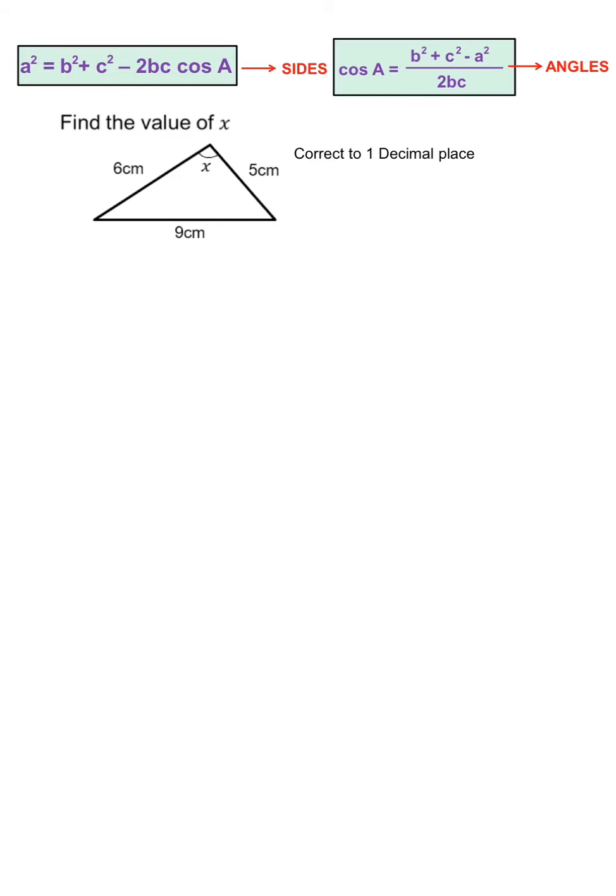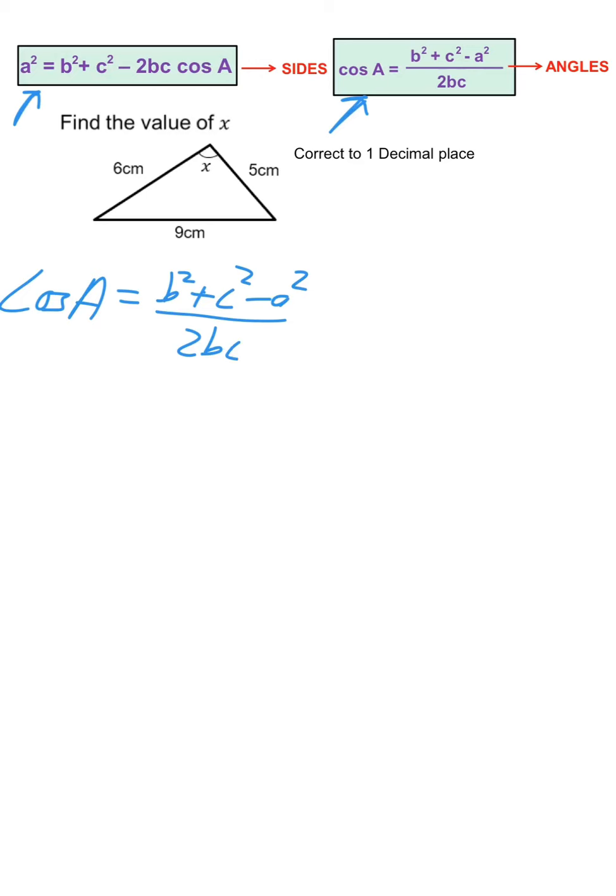Okay, let's have a look at when we need to find an angle. You can see in this question we have three sides and we need to find x. So I'm going to write out the formula for angles. Remember again, in the exam you're just given the formula on the left, so then you need to rearrange it to get cos A on its own. So cos A is equal to b squared plus c squared minus a squared all over 2bc. In this one, it's going to be cos of x, because that's the angle.